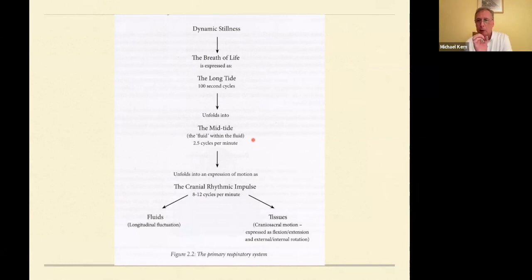There are cells within fascia called myofibroblasts, and when these cells are put into a certain solution, a basic rhythmic motion has been found expressing within these cells, 50 seconds one way, 50 seconds back.